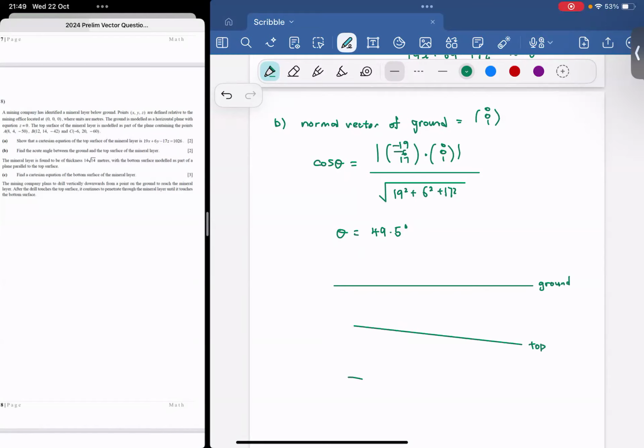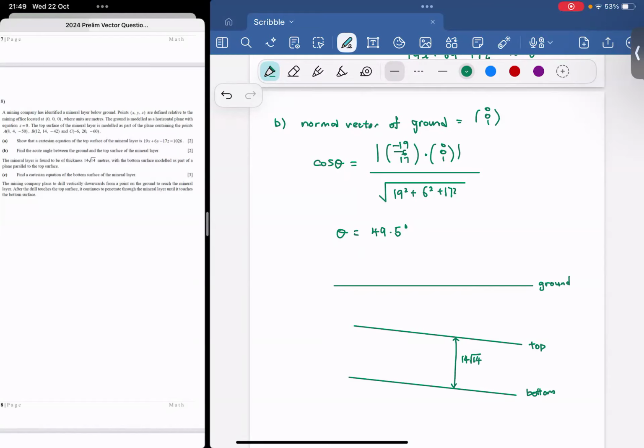Then the bottom surface is parallel, so the bottom surface looks like that. They tell you that this distance is 14 square root 14. So how to find the equation of the bottom?